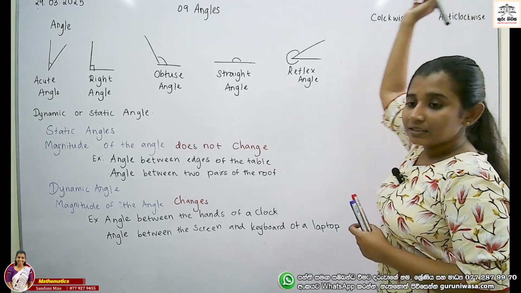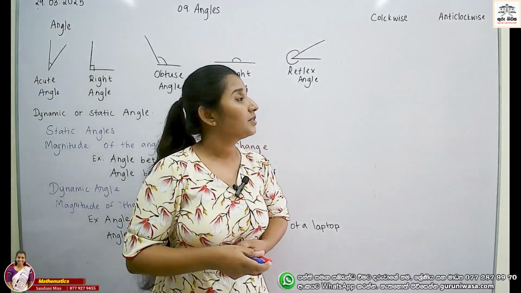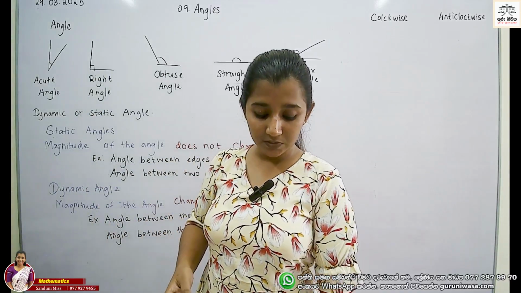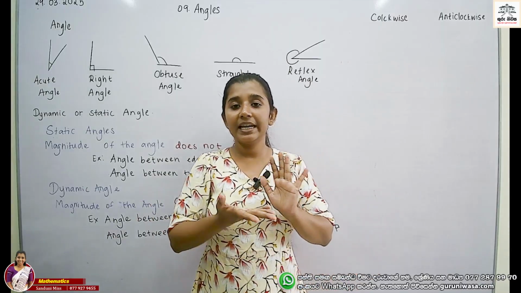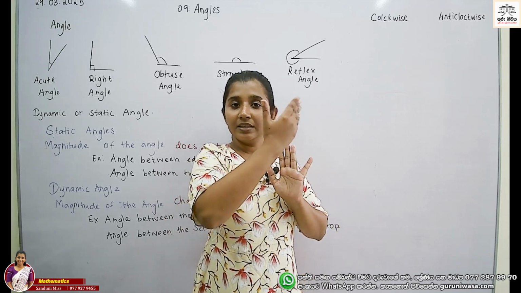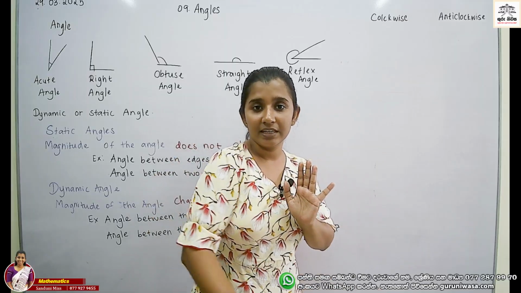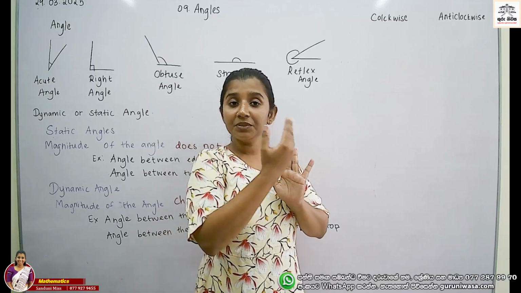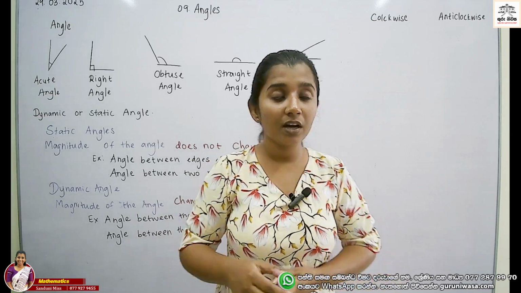And clockwise and anti-clockwise. What is meant by clockwise and anti-clockwise? Now you have the clock. You have the minute hand and hour hand. Both the hands will go 1, 2, 3, 4, 5, 6, 7, 8 in this way. The direction in which the clock hands are moving, we take it as clockwise.